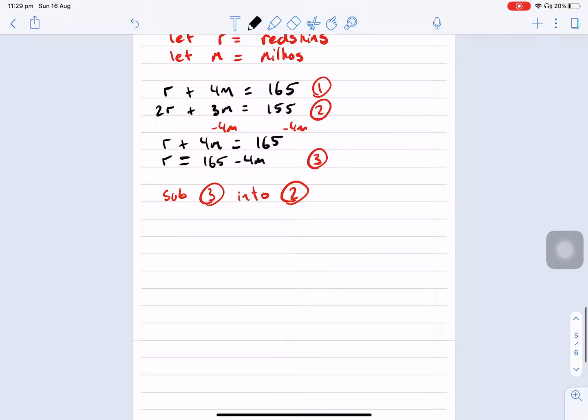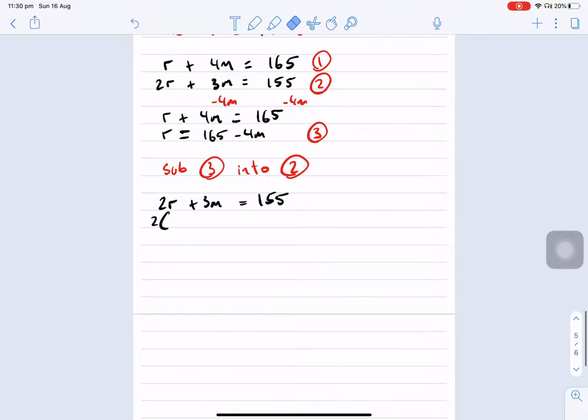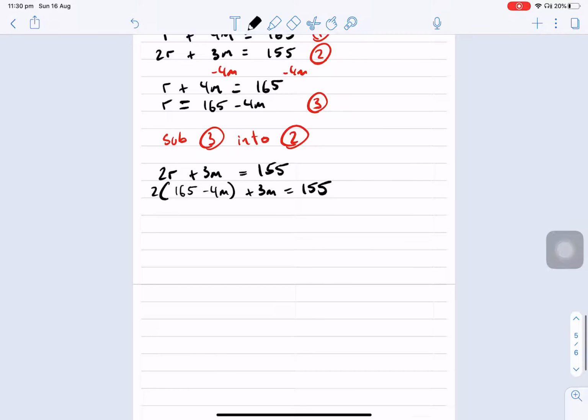And equation 2 is 2R plus 3M equals 155. Sub in that R value from equation 3, so we've got 2 lots of 165 minus 4M, plus the 3M from the original equation 2 equals 155, once again from the original equation 2.